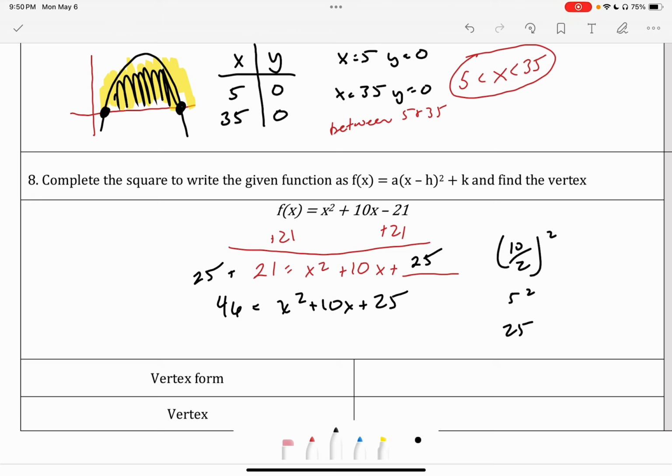What that allows us to do then is on the right side, turn that into a perfect square trinomial by going x plus 5 squared. Again, notice it's x plus 5 because half of positive 10 is positive 5.